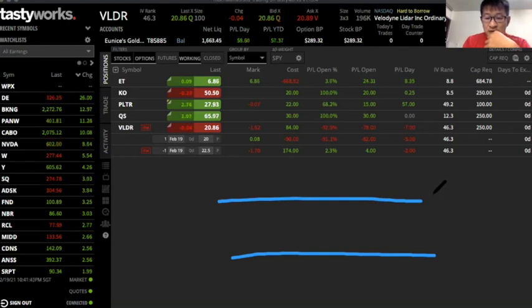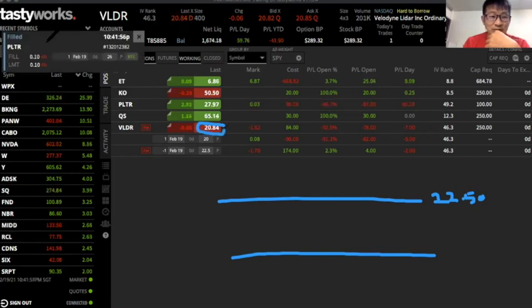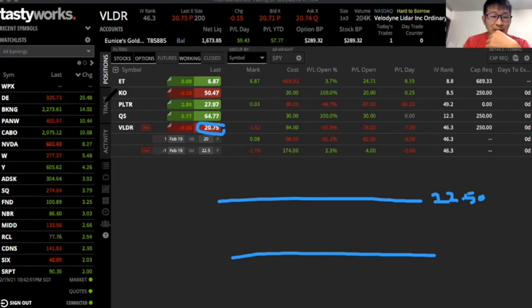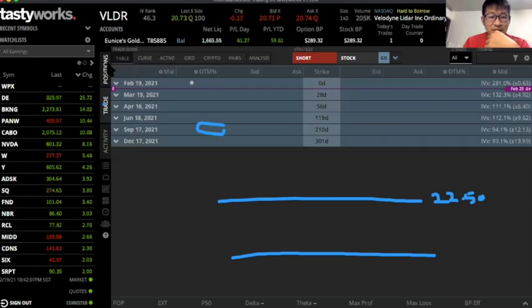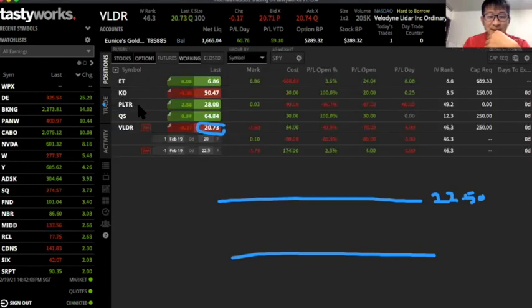The first one is 22 and 50 cents. Now the market has dropped. Good, you see our Palantir position has been filled. That means Palantir has a good profit of 10 cents.